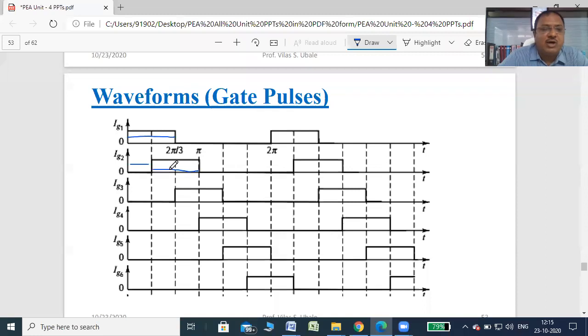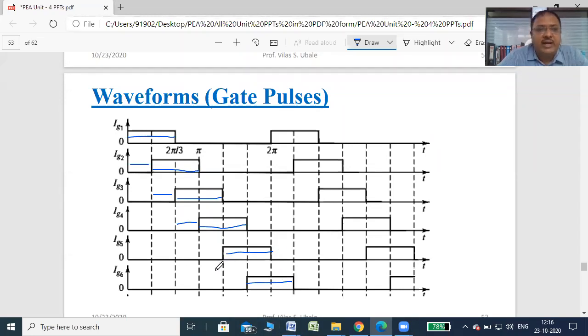Then again, S3 is on after 60 and it remains on for 120. Again, S4 is on after 60 and it remains on for 120. You can check here, every device is on after a 60 degree interval, right? And every device is on for 120 degrees. Check here, S5 is on for 120, S6 is on for 120, and so on, right?